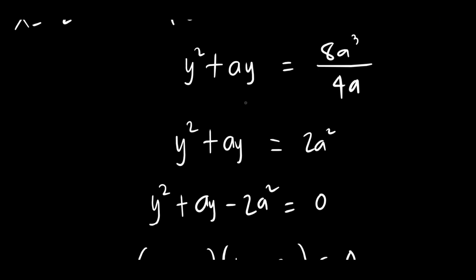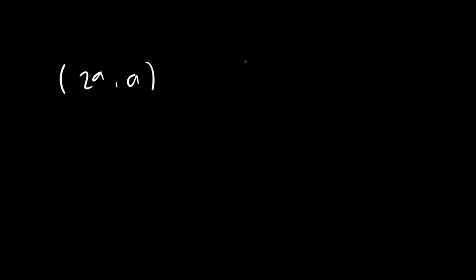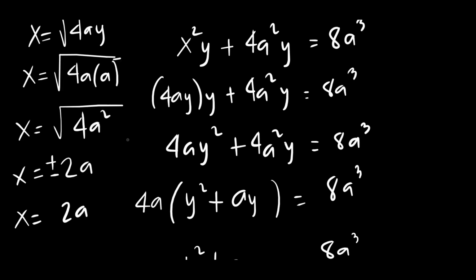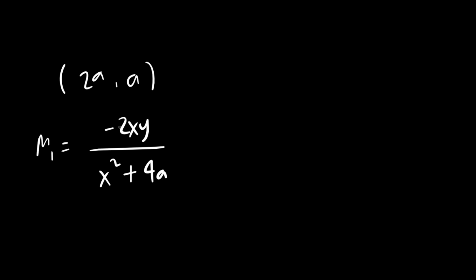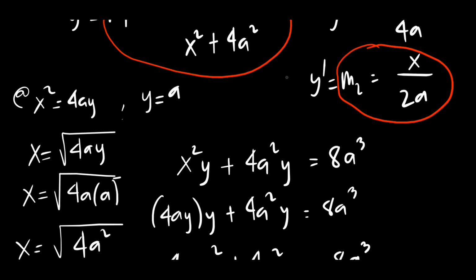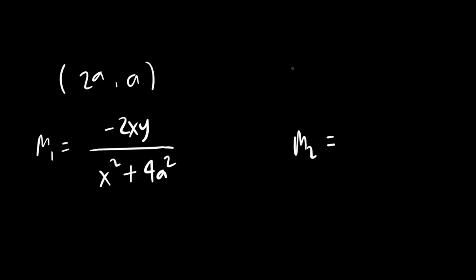Negative 2xy all over x squared plus 4a squared. For m2, we have x all over 2a. So we'll now substitute. This is the value of x, this is the value of y.